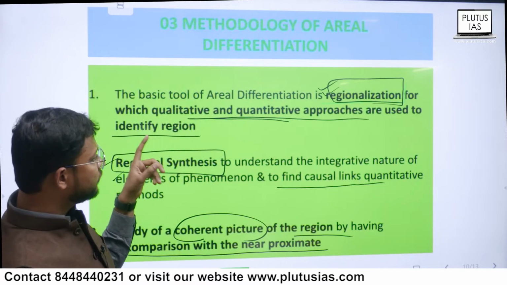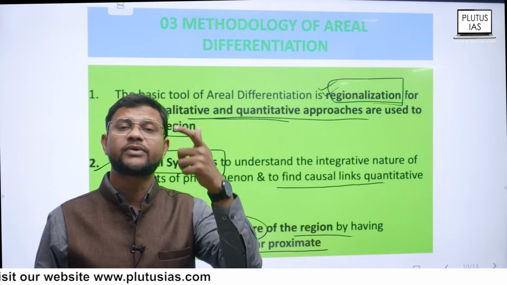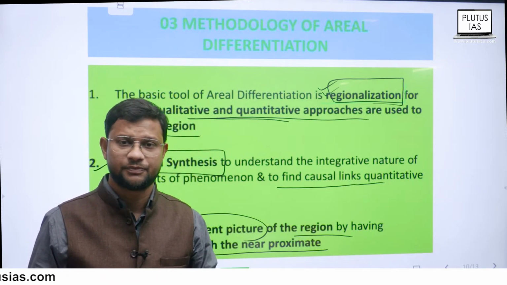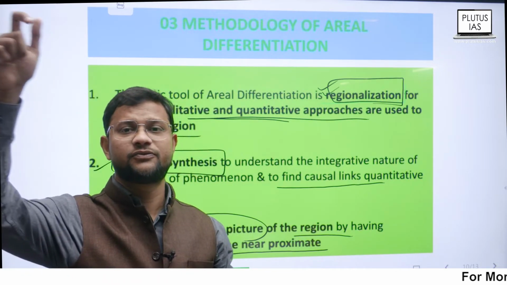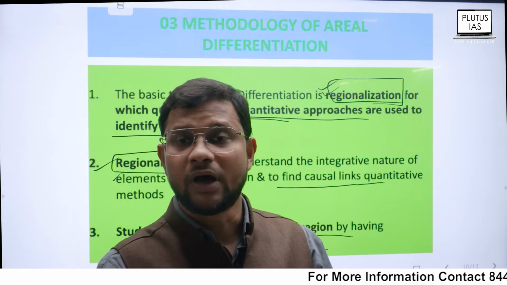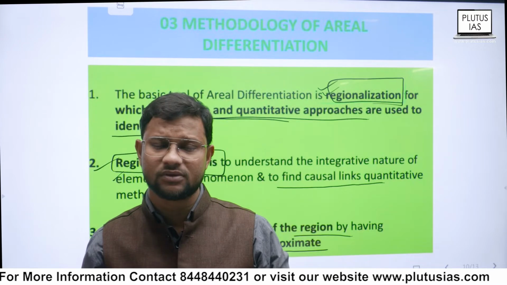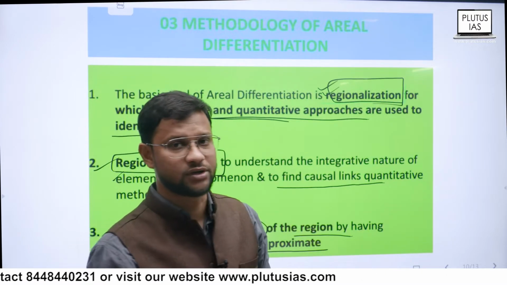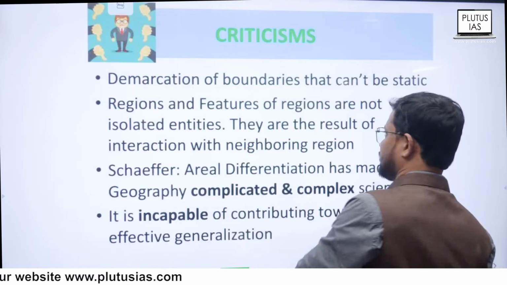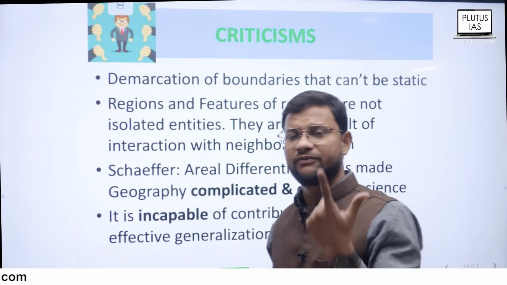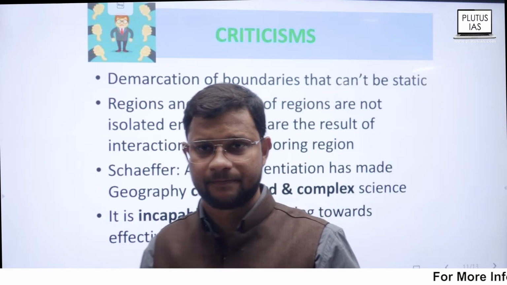So this will give you a comparative analysis, and this comparative analysis will help you ultimately arrive at some conclusion, and that is the significance of areal differentiation as an approach.